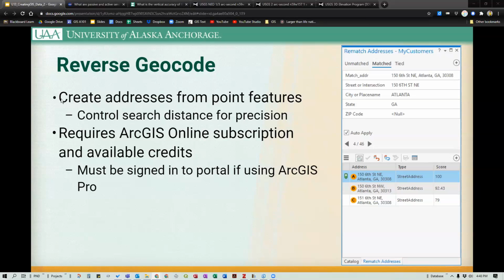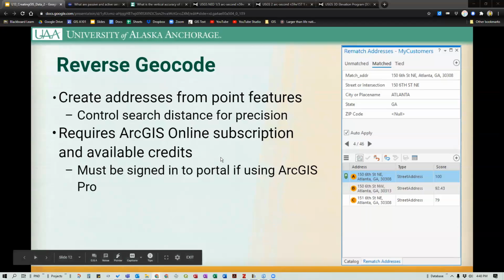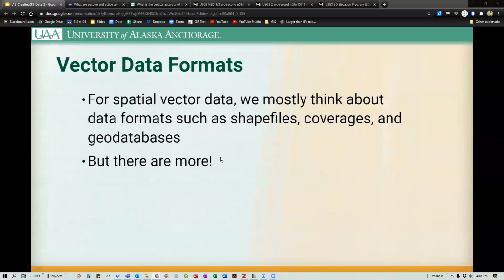There's the reverse geocode function, which looks a lot like the rematch one, but I've unfortunately added the wrong image. Apologies for that. But that one also requires an ArcGIS online subscription. So that's built into the current licensing that you guys have as students.